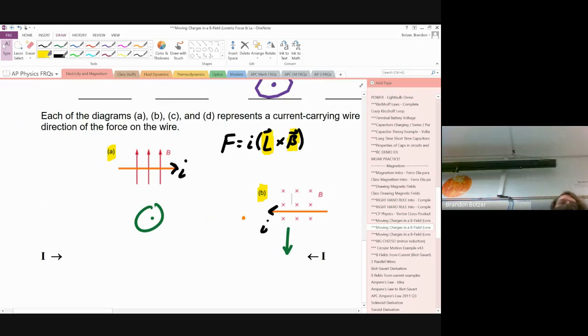The reason why you'll get super good at the right-hand rule, well, one, you need to, and two, the big cheese is coming to town. And this year, the big cheese has gone digital.